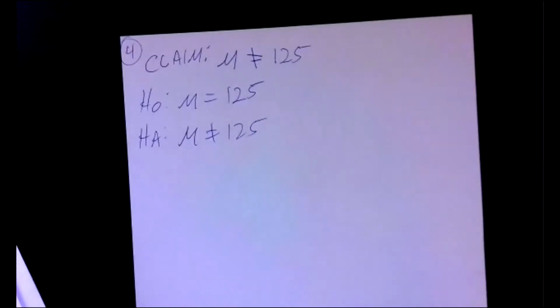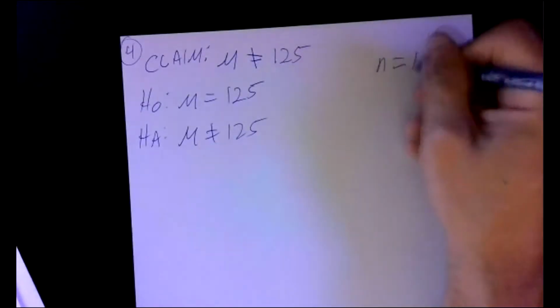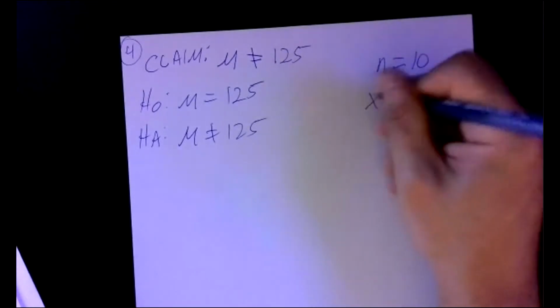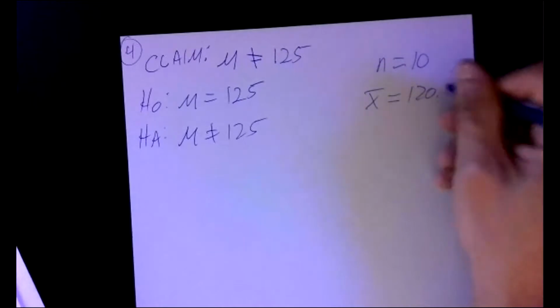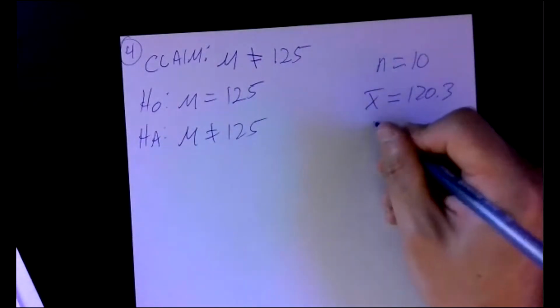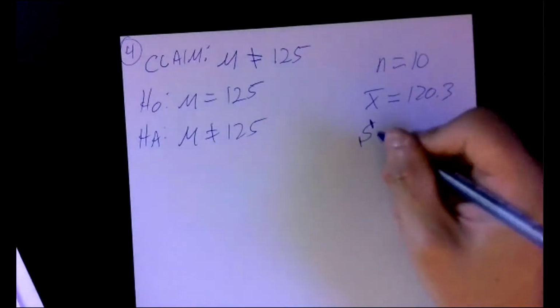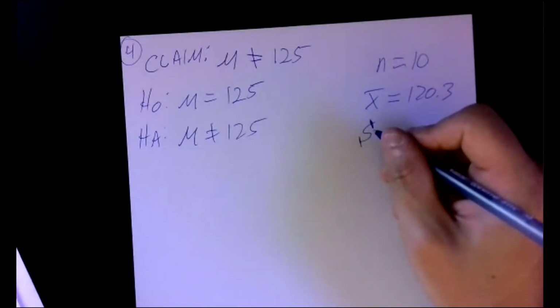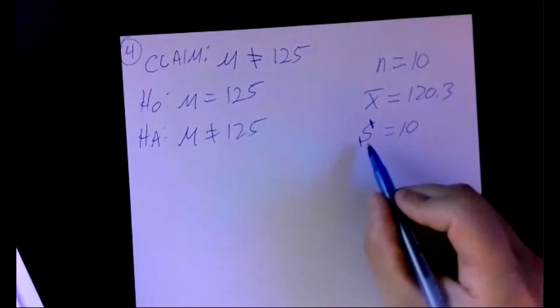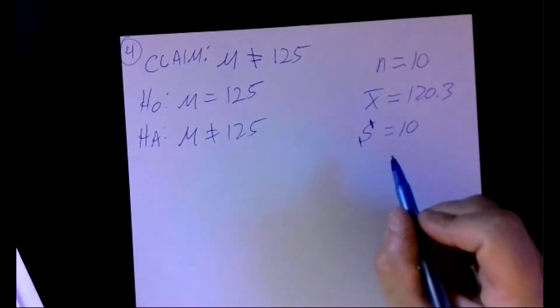Now, in this problem, we have a sample size of 10, a sample mean, x bar, is 120.3. The standard deviation, S. This standard deviation comes from the sample, which means we need to use t-distribution instead of z.